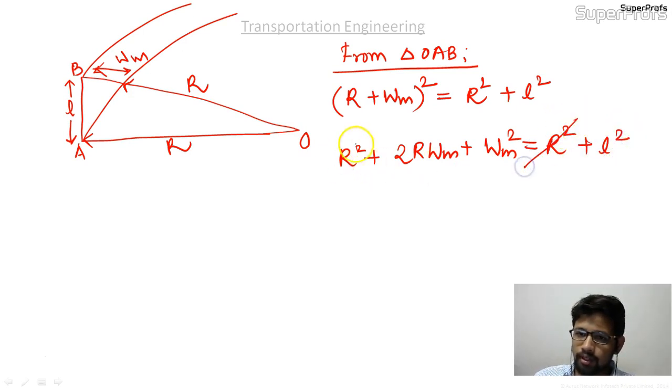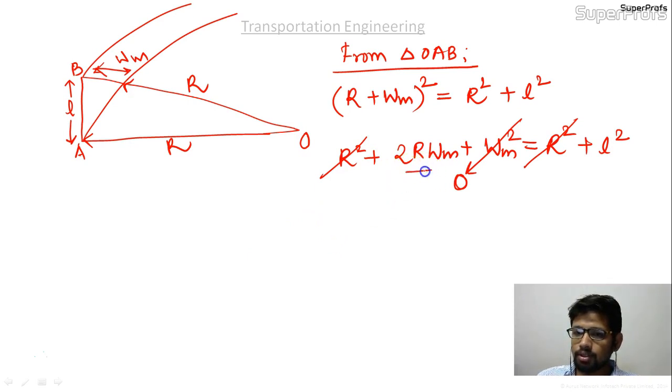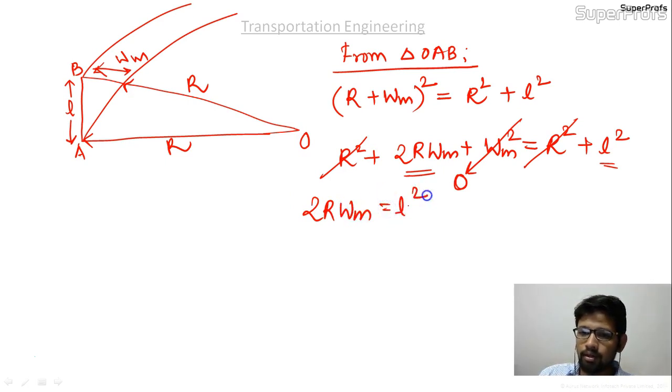So we get R square plus twice R Wm plus Wm square equals R square plus L square. The R square terms cancel. Wm is very small, so Wm square will be even smaller. Since Wm is very small compared to R, we cancel it to zero, and what we get from the two terms left is twice R Wm equals L square.